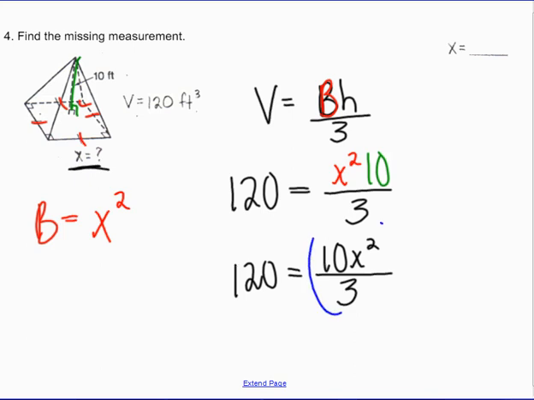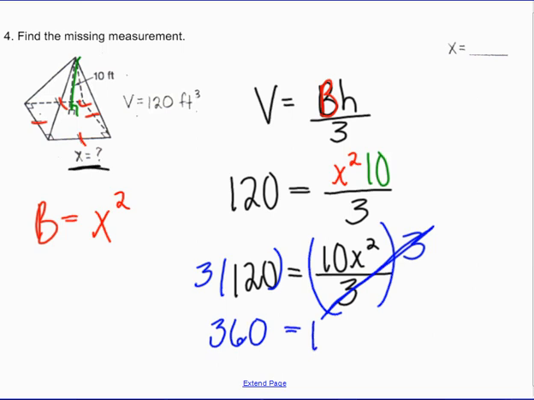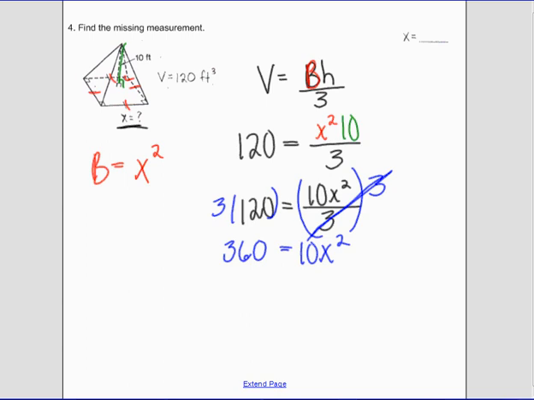So what I'm going to do is multiply both sides of the equation by 3, because these will divide out. This is this giant 1. So what will happen is I'll have 360, so 3 times 120, equals 10x squared. And I no longer have a fraction that I have to work with in my problem.